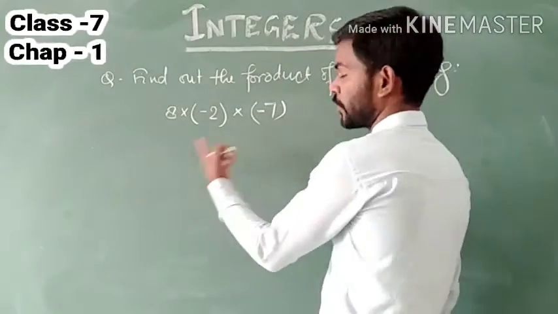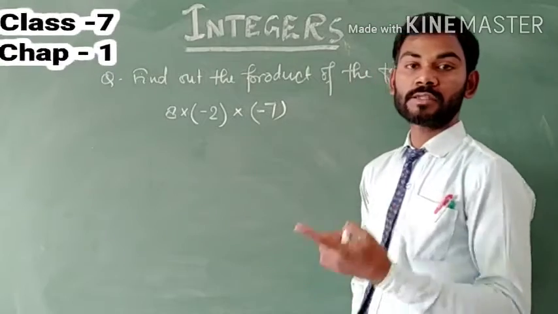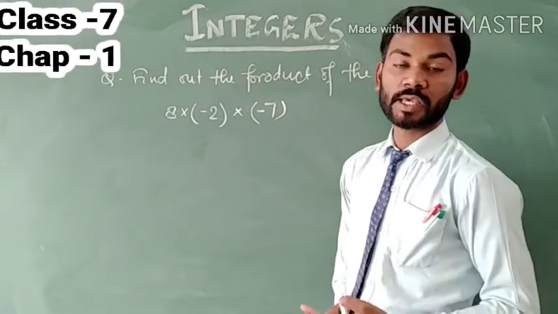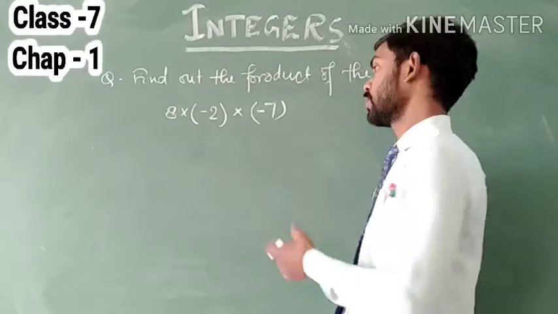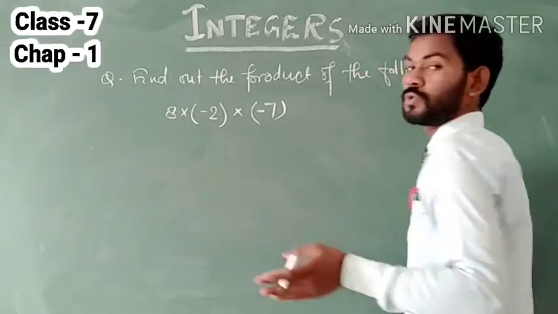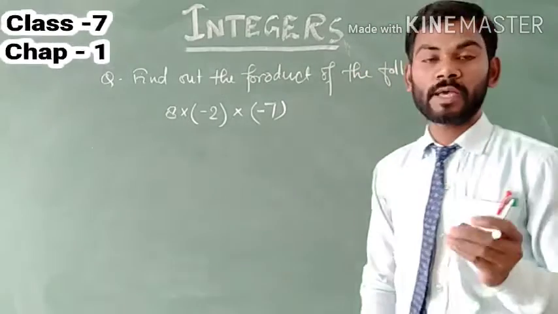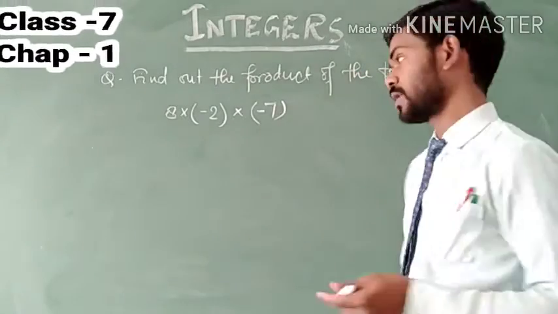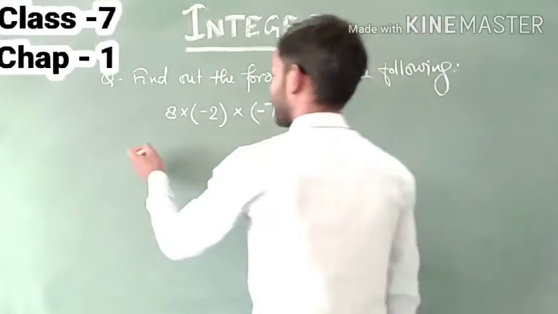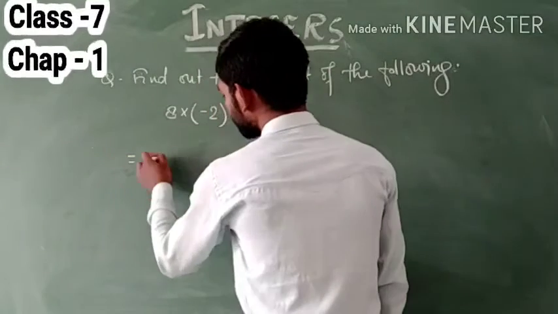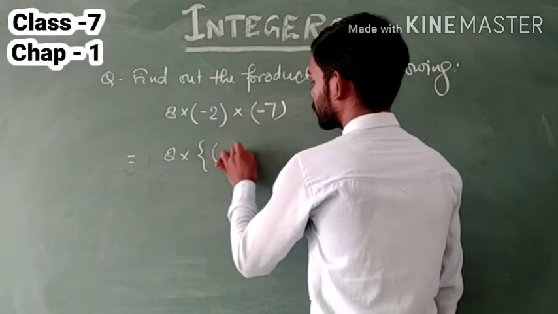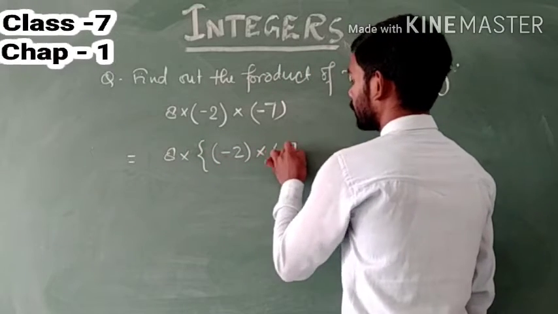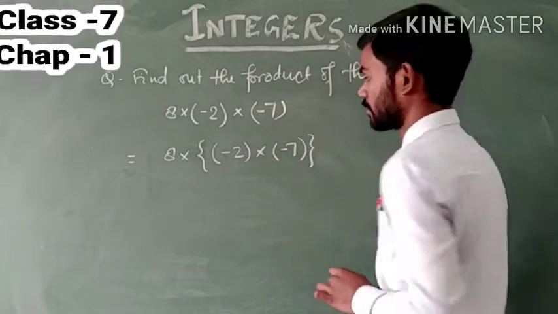Here we can see that in this question three integers are taken in the form of multiplication. So here we can use the property of associativity. This may also be written as 8 multiplied by (minus 2 multiplied by minus 7).